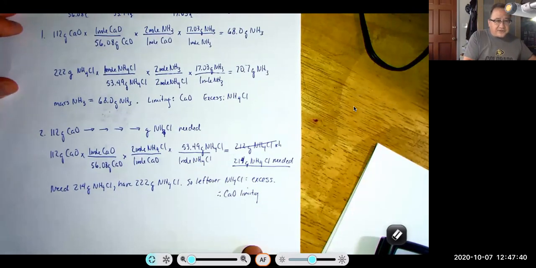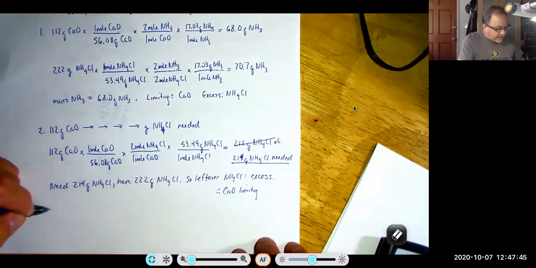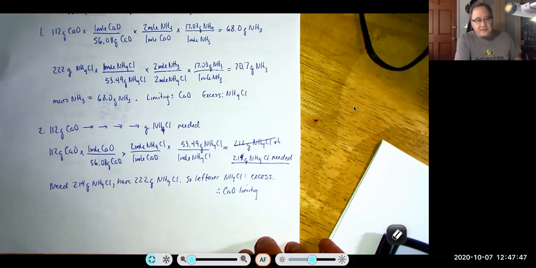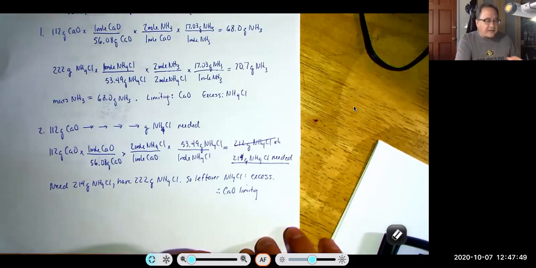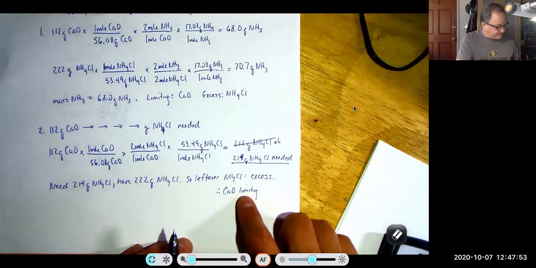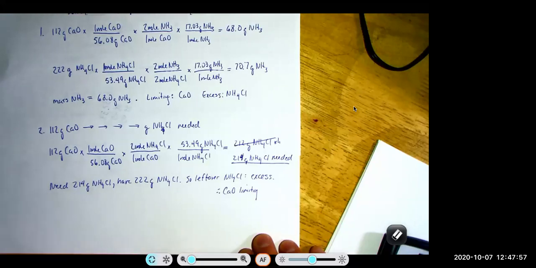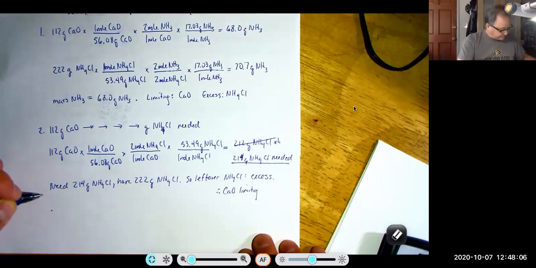But you've got to understand here, we're not done. We would still need to calculate the amount of ammonia you make. So how would we calculate the ammonia that we make? Do we start with the excess or the limiting? Would you start with the limiting? That's right.